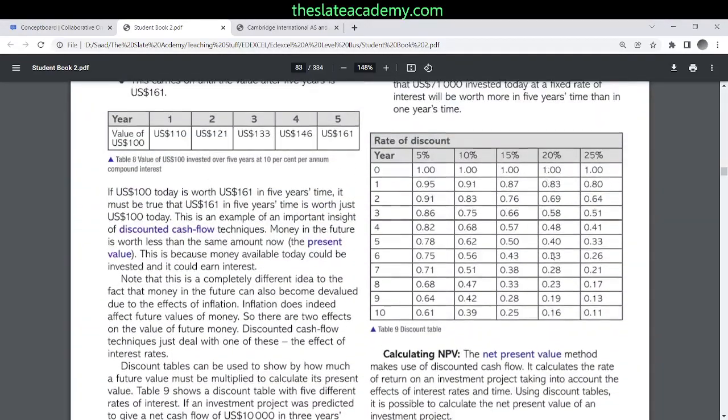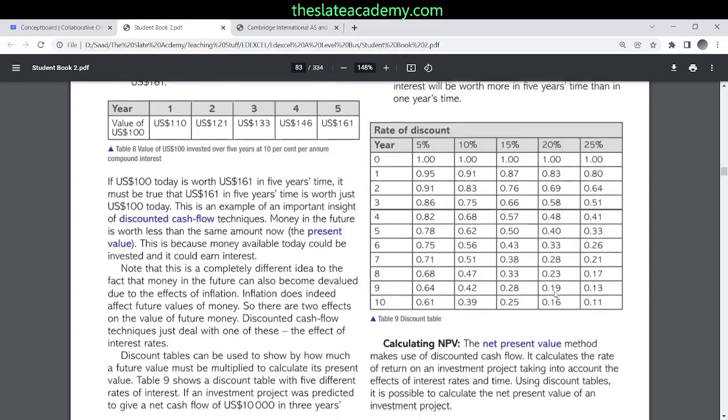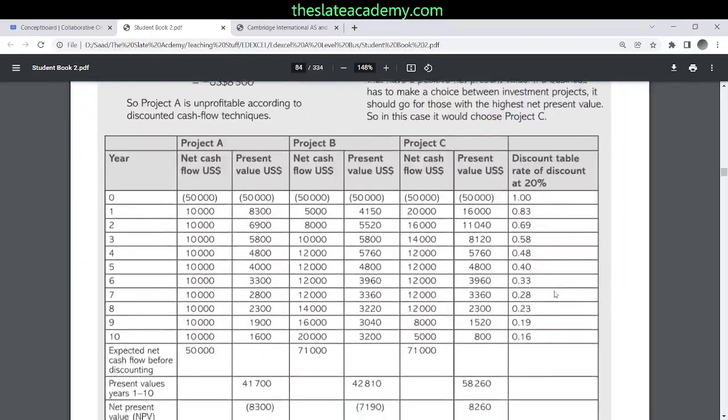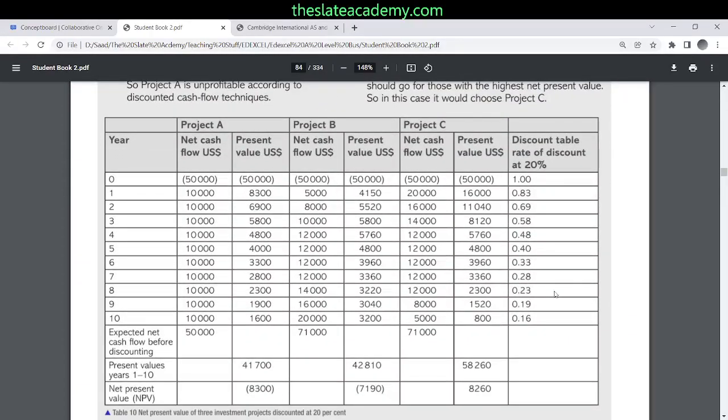So you go 1 over bracket 1 plus i percent raised to the power n. Don't focus too much on that formula. I just gave it to you just in case. Most likely it won't be used in your exam. It's 1 plus the discount rate, raised to the power n, and n is the number of years.